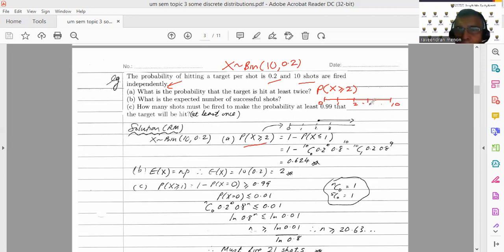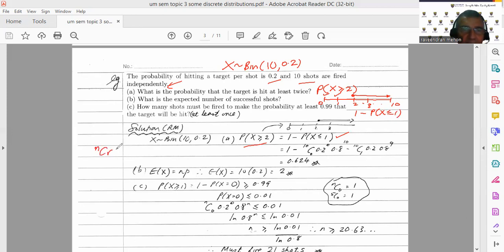So you want probability X bigger than or equal to 2, which should be from here on, right? So that will be 1 minus, we take the complement, probability X less than or equal to 1. We want 1 minus this and this. So that's what I've written here. The formula itself you can do yourself.